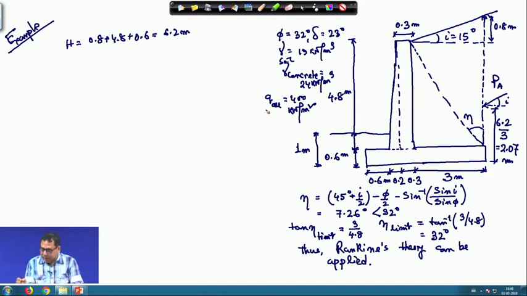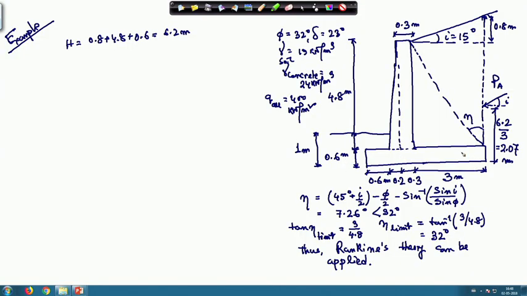Remember that here the backfill properties and the base soil properties both are the same. In the previous problem on the gravity retaining wall, the backfill properties and the base soil properties were different, but here both the properties are the same.